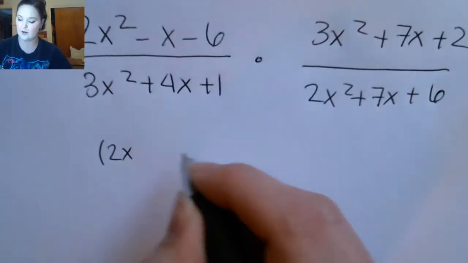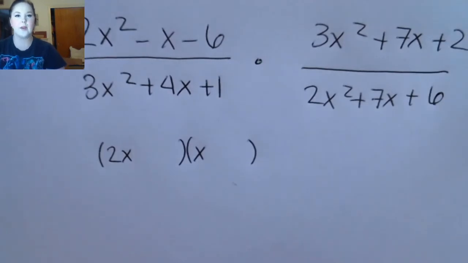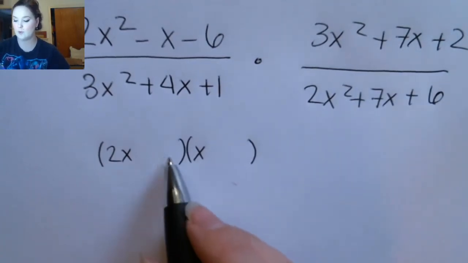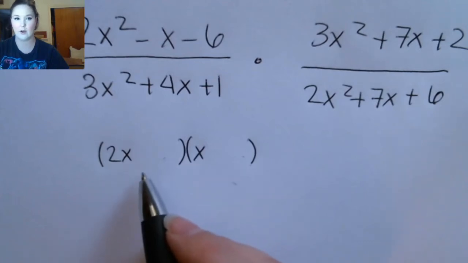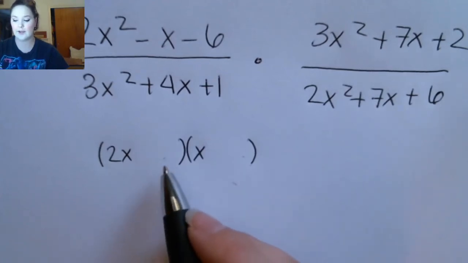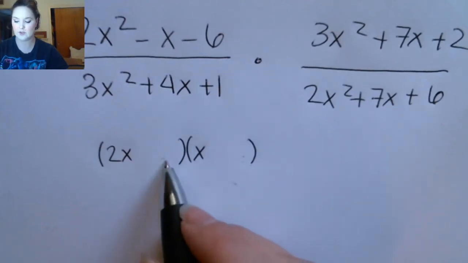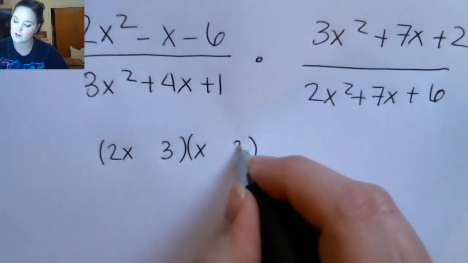So in the numerator here, I'm going to have 2x and x. Okay, and then if I'm thinking about where my factors can go, I could do 1 and 6. I can't do 6 and 1 because 2 and 6 have a common factor. Similarly, I could do 3 and 2, but I can't do 2 and 3 because 2 and 2 would have a common factor. So I'm going to try 3 and 2 first.